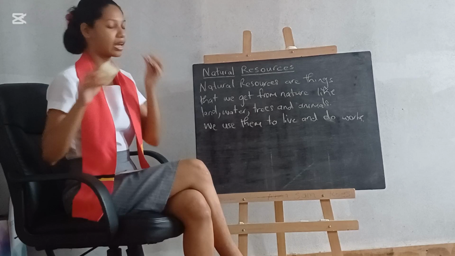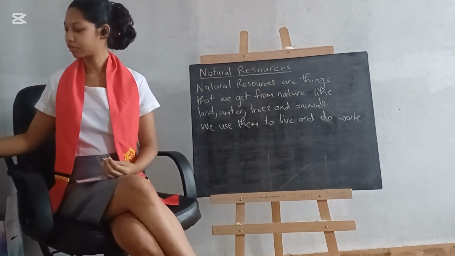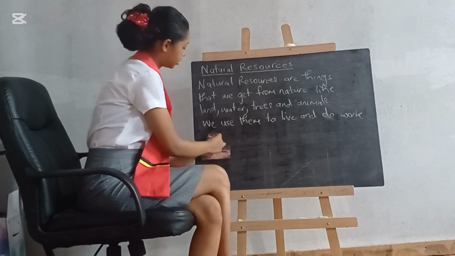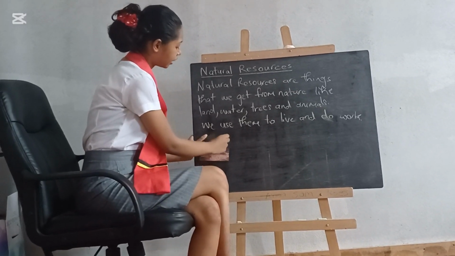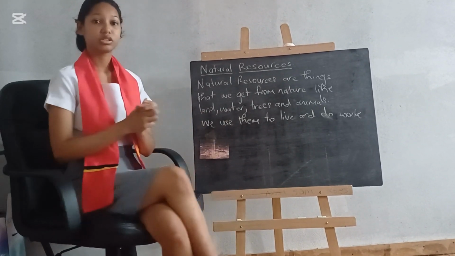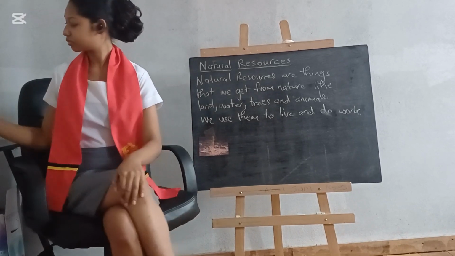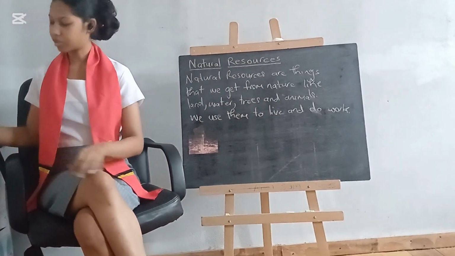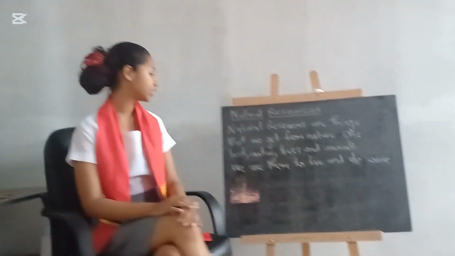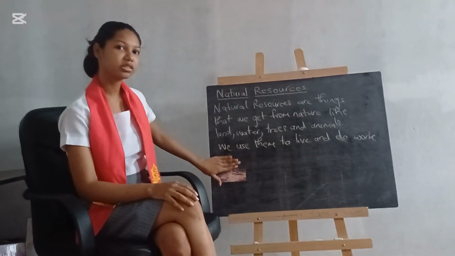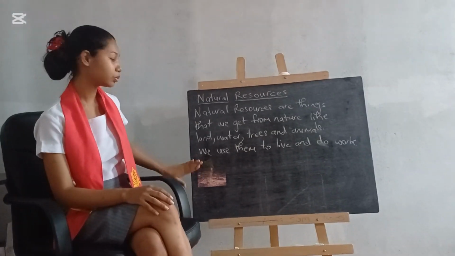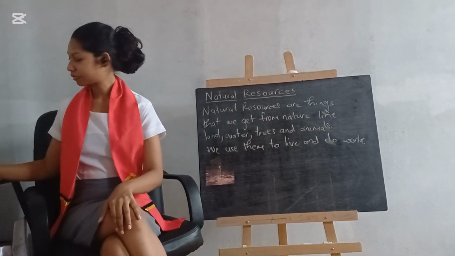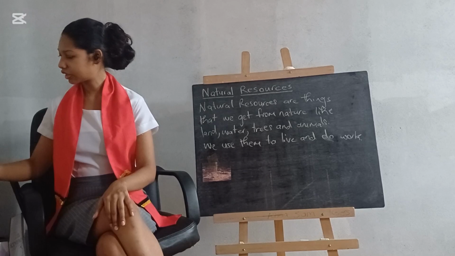So that is correct. We use it to bathe, to cook, to drink. Water has to be, I would say, the most important natural resource because we need this to drink. You guys understand? Okay, let's see what else we have.